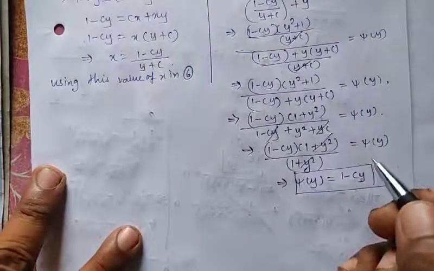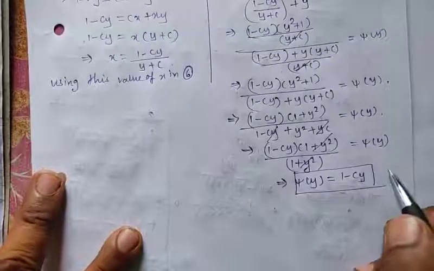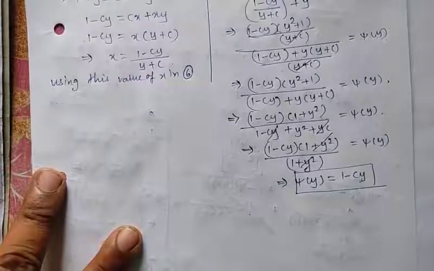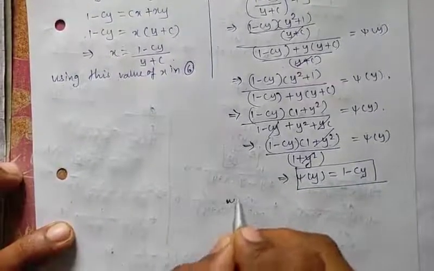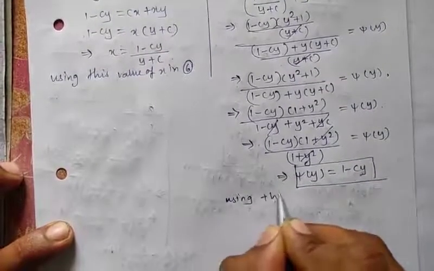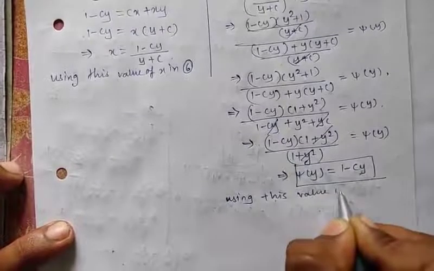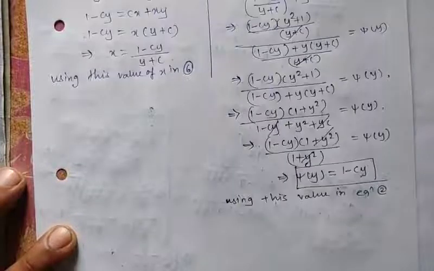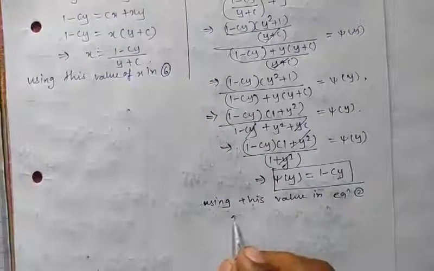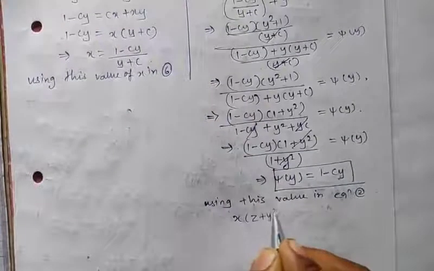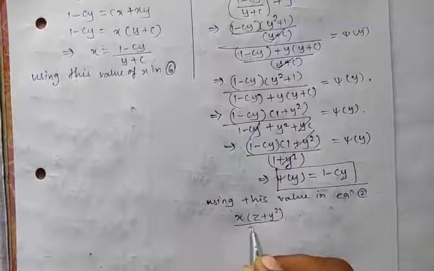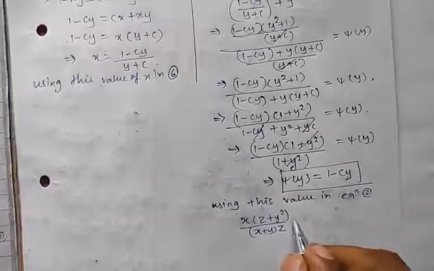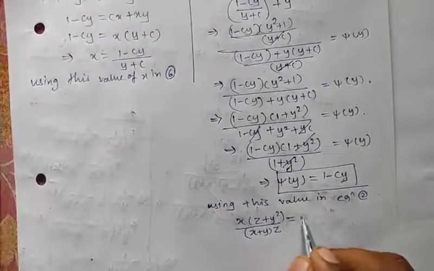So using this value of psi of y in equation 2. What is equation 2? Equation 2 is x z + y² upon (x + y) z equal to psi of y.